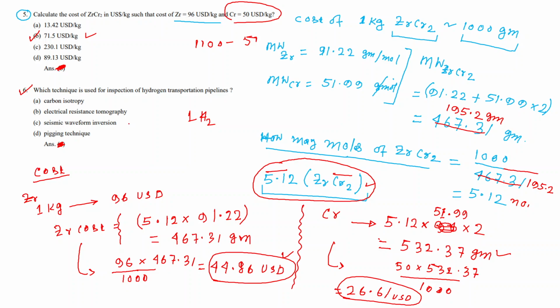But the question is about inspection, which is a very important part, because hydrogen gas molecules have larger diffusivity while flowing inside the pipeline.